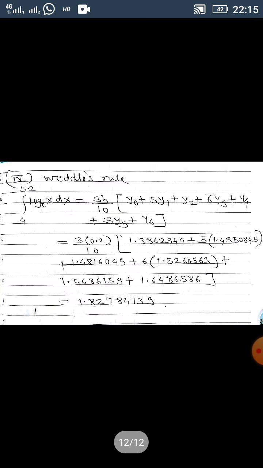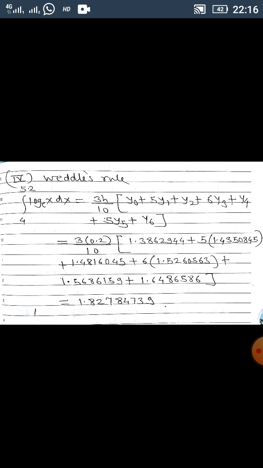Next, Weddle's rule. 4 to 5.2 log x to the base e dx is equal to 3h by 10. The values are y0 up to y6, so that much of the formula we have written: y0 plus 5y1 plus y2 plus 6y3 plus y4 plus 5y5 plus y6.